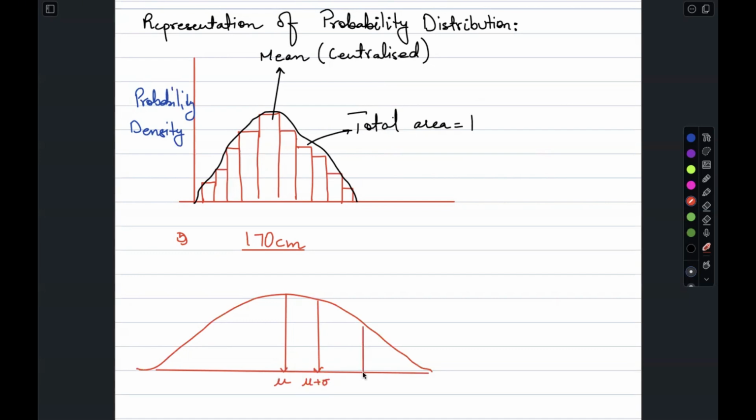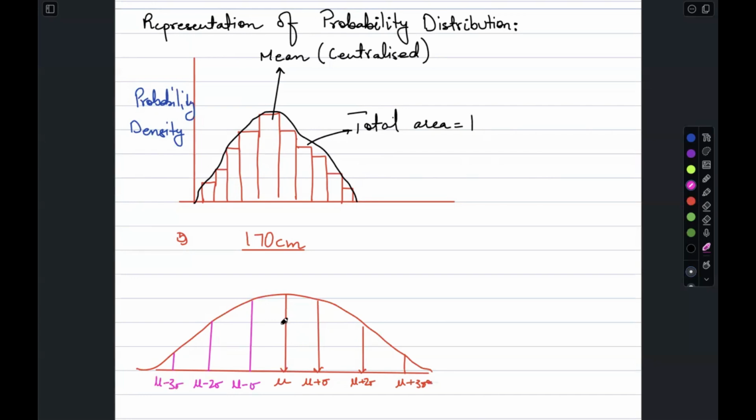This will represent mu plus 2 standard deviations, and this will represent mu plus 3 standard deviations. Similarly for values which are less, this will be mu minus 1 standard deviation. This will be mu minus 2 standard deviations. And this will be mu minus 3 standard deviations.